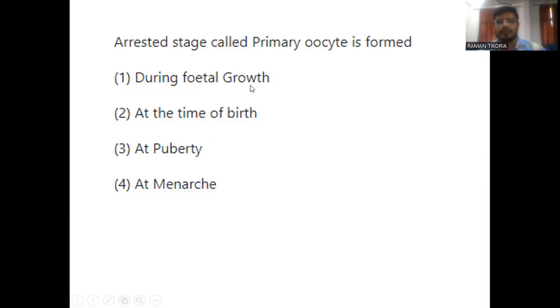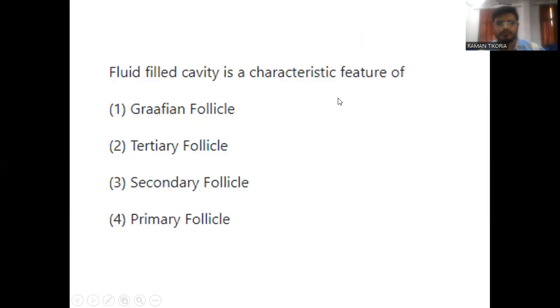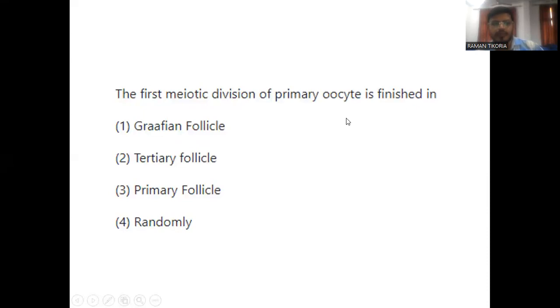So, the arrested primary oocyte is formed during fetal growth. A fluid-filled cavity is a characteristic feature of the Graafian follicle, tertiary, secondary, or primary follicle. So, the answer will be the Graafian follicle. The first meiotic division of the primary oocyte is finished in the Graafian follicle, tertiary follicle, or primary follicle. It is the primary follicle.